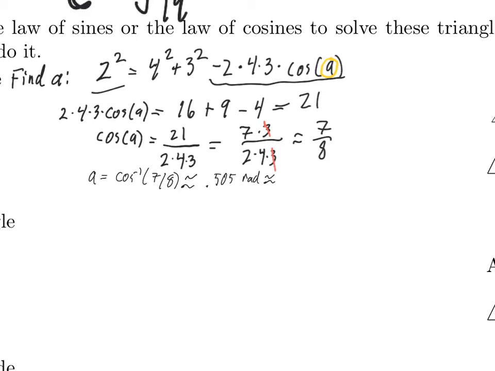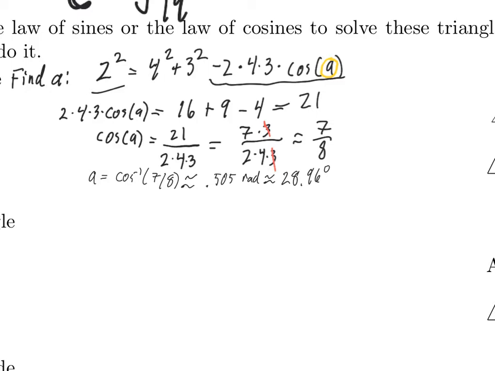If you want that in degrees, you just need to multiply by 180 and divide by pi. Somewhere around 28.96 degrees. Groovy. So hopefully that felt pretty natural.